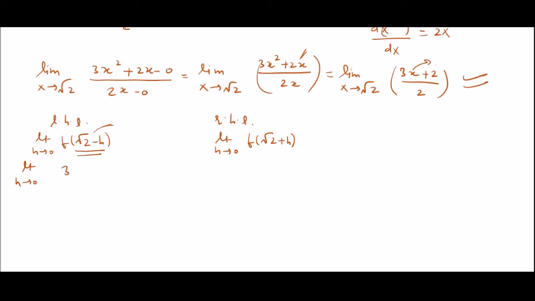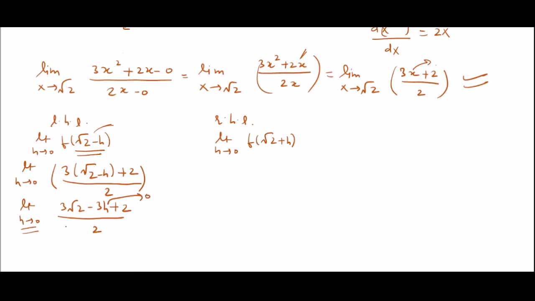So we get 3 times root 2 minus h plus 2 upon 2, which can be written as limit h tends to 0, 3 root 2 minus 3h plus 2 upon 2, and after h tends to 0, we get 3 root 2 plus 2 upon 2, right?